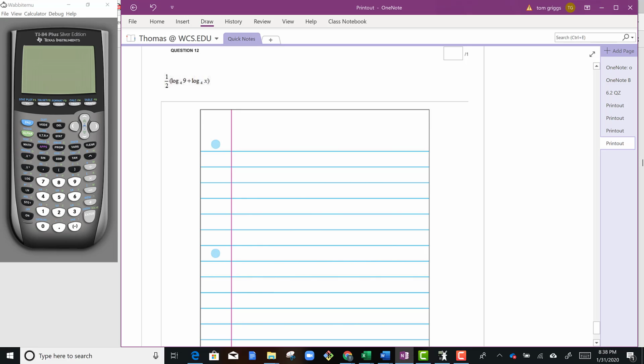All right, and then finally, question number 12. I like to take care of what's on inside of the parentheses first, so we're going to ignore the 1/2 just for a second and convert addition to multiplication. So this becomes log base 4 of 9x.